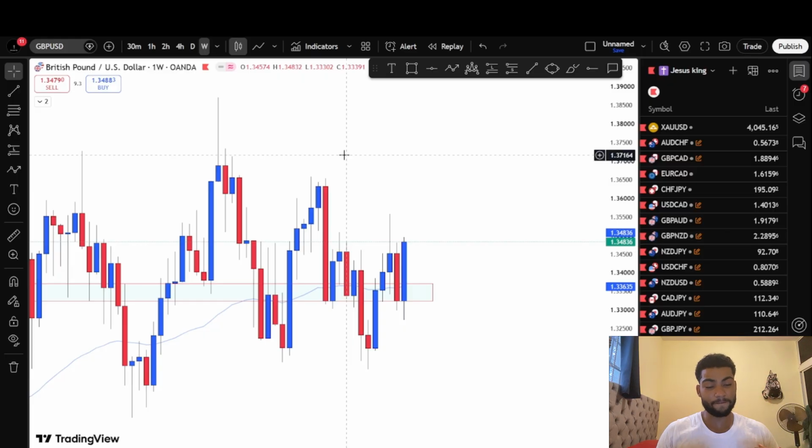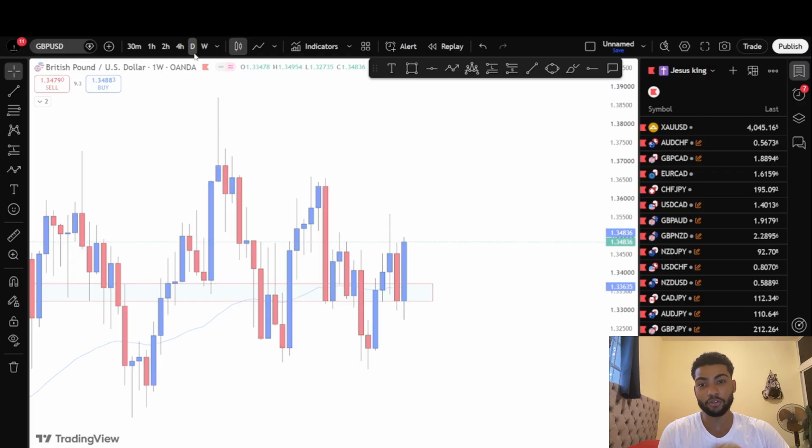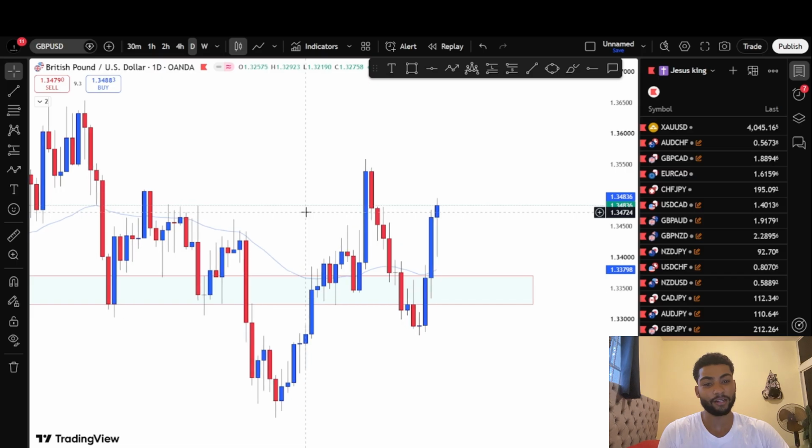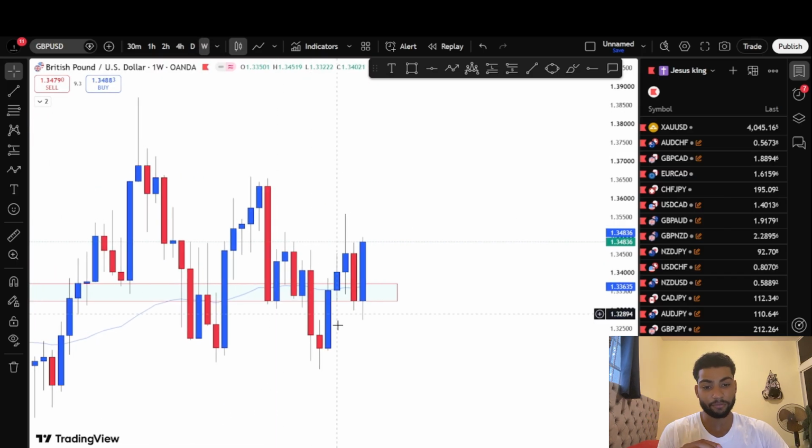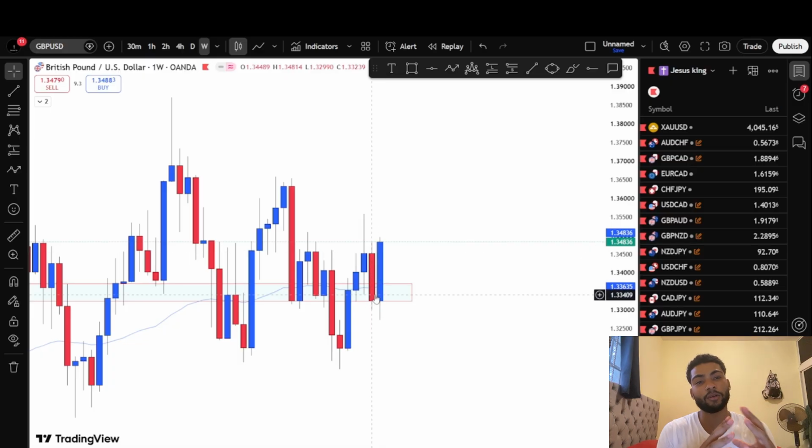There are the physical cops that are walking or running, and there is also a helicopter up above. I often say that the weekly time frame is like the helicopter, because even if you see something on the daily that looks beautiful, when you go up to the weekly time frame, you can see where the market is placed at.